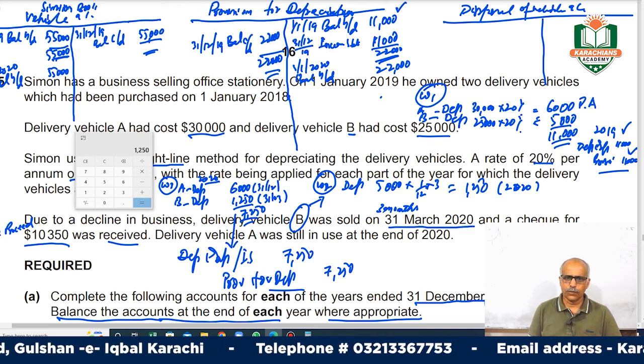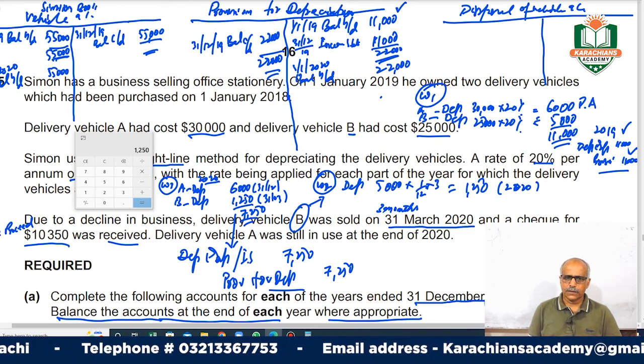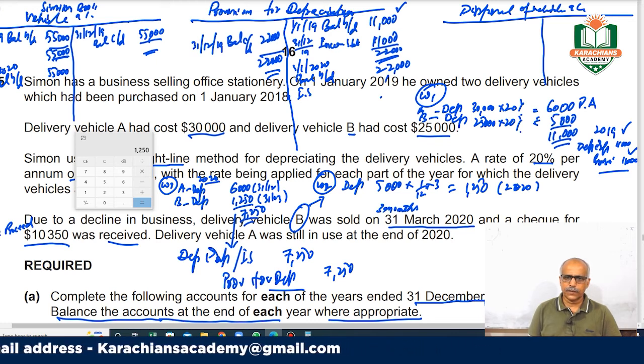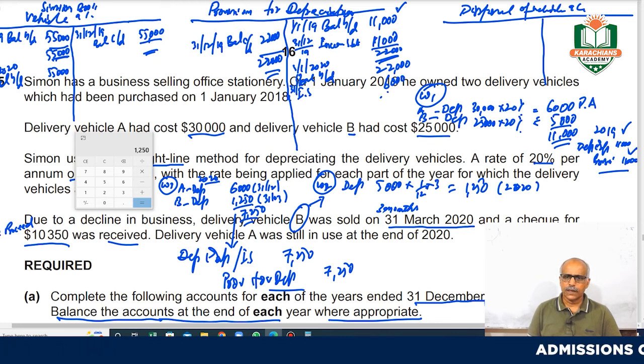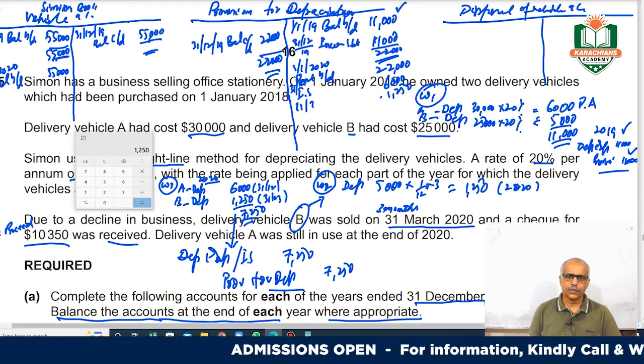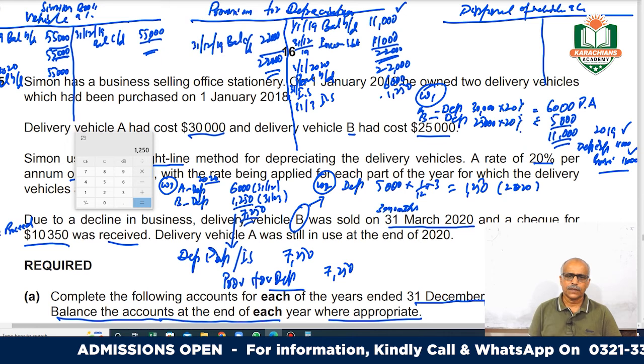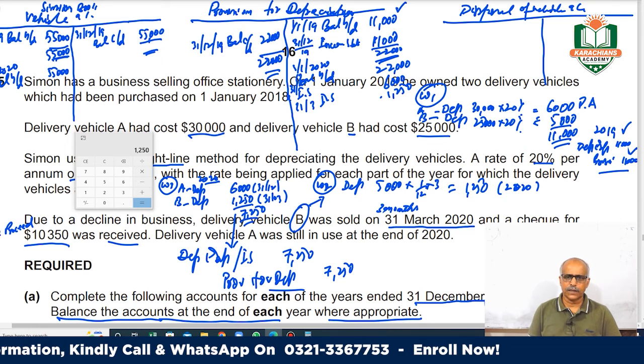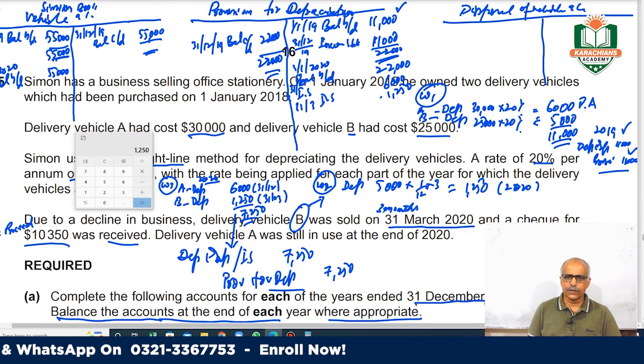Okay, so income statement will get debited with 6,000. Your date will be 31st of December and 1,250 on 31st of March income statement, right? Or you can write it earlier, 31st March, right? So this depreciation you will charge during.